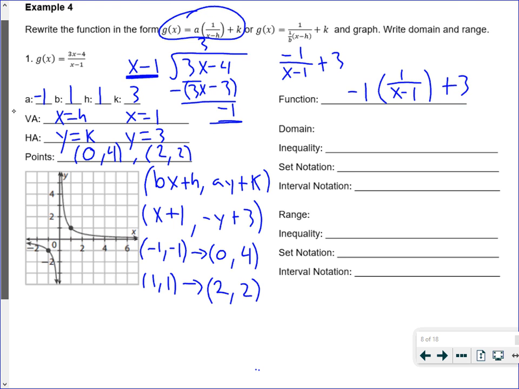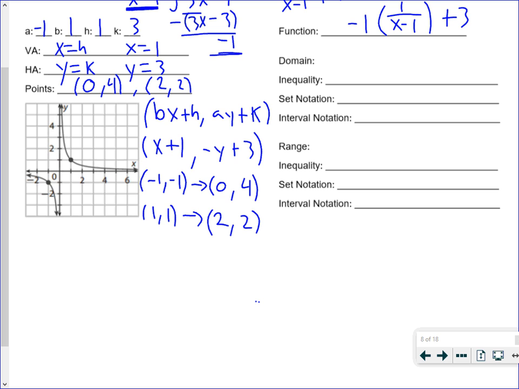So now we have our 2 new points, and we have our asymptotes. We can graph this function. Our vertical asymptote is x equals 1, so it'll be this line right here. And then for our horizontal asymptote, y equals 3, that's this line right there. So now we're going to put in our 2 points that we just found, 0, 4, and 2, 2.